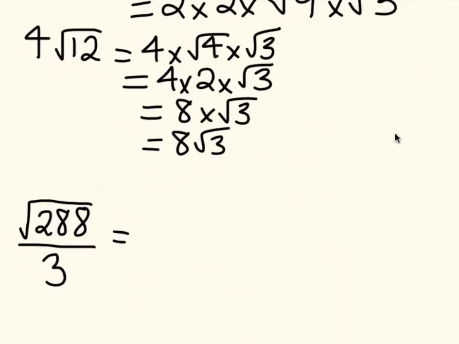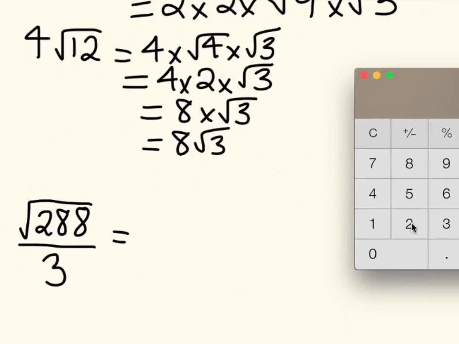D. Just focus on the top there, the square root of 288. Now, factors of 288 that are squares. This one looks tricky, but it's actually not too bad. If you half that, what's half of 288?